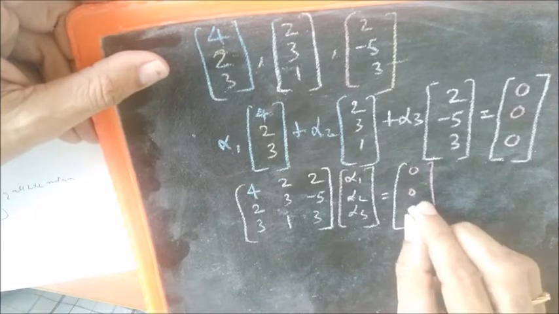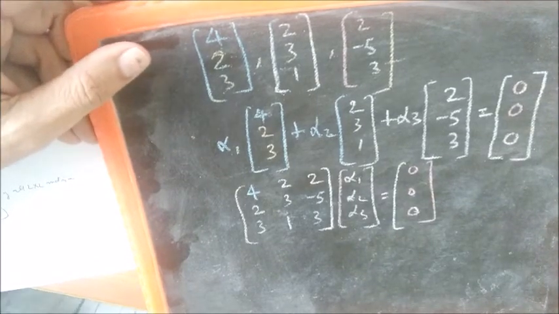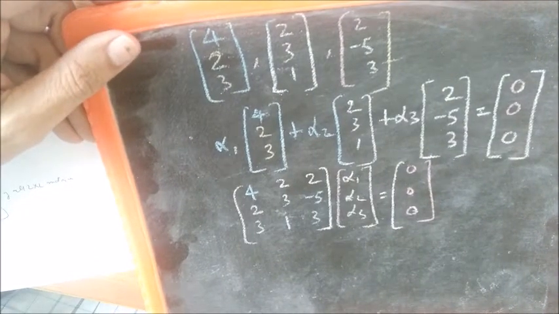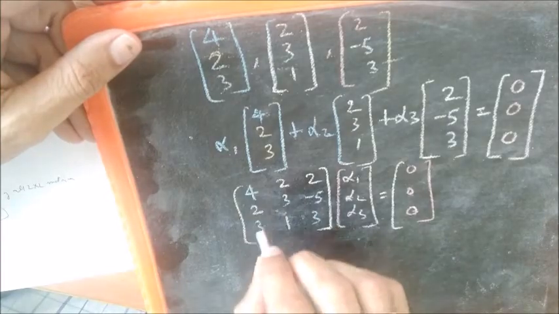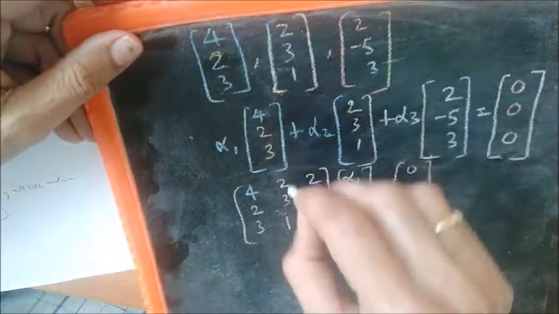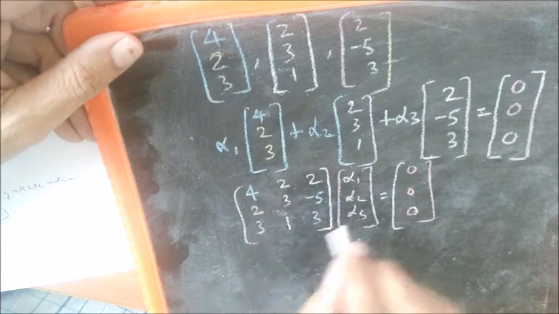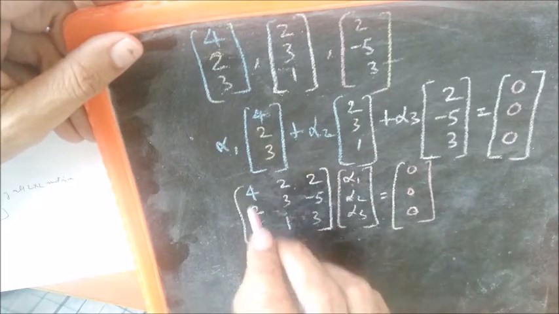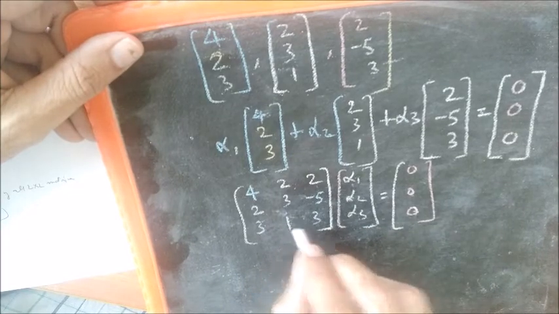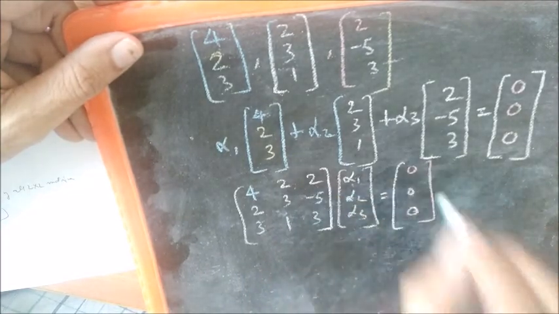We can express it like this. So you can see that (4, 2, 3), the first vector, is here, (2, 3, 1) is here, and (2, -5, 3) is here. And if you perform this multiplication, you can see that alpha 1 into this vector plus alpha 2 into this vector plus alpha 3 into this vector, the result will be 0.